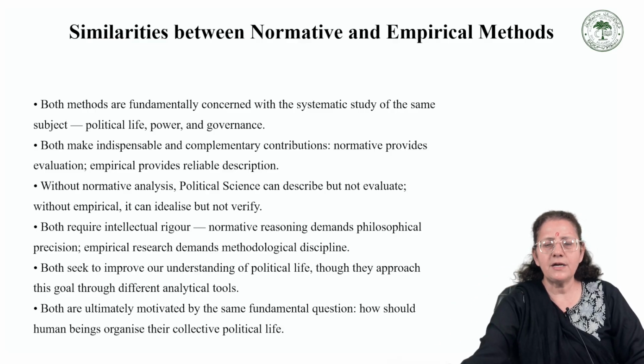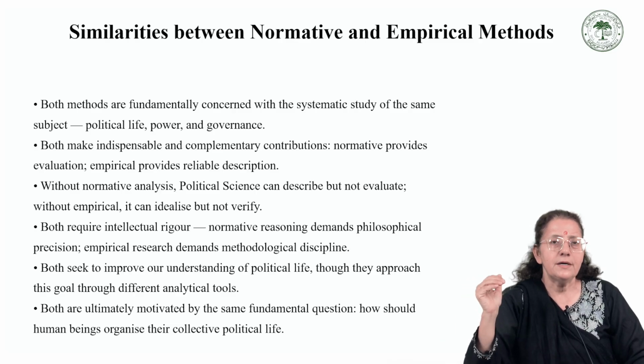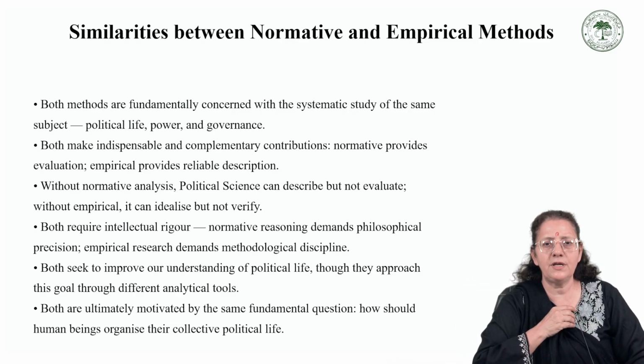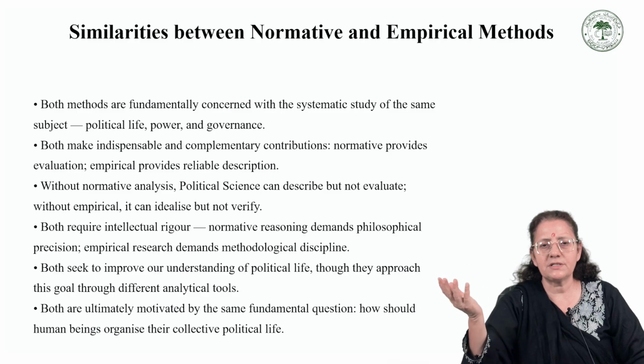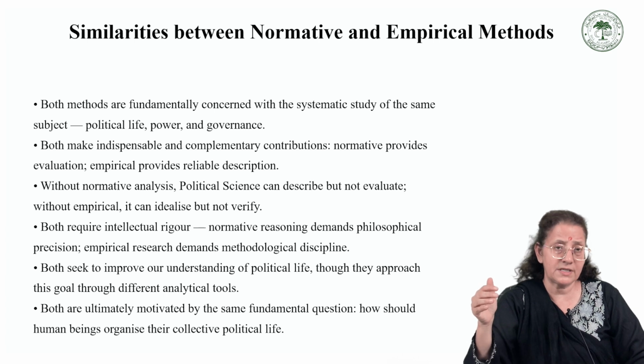The second similarity is that both methods make indispensable contributions to the discipline of political science. Without the normative tradition, political science would have no way of evaluating political systems. It could describe them in detail, but could not say anything about whether they are just, fair, or desirable.